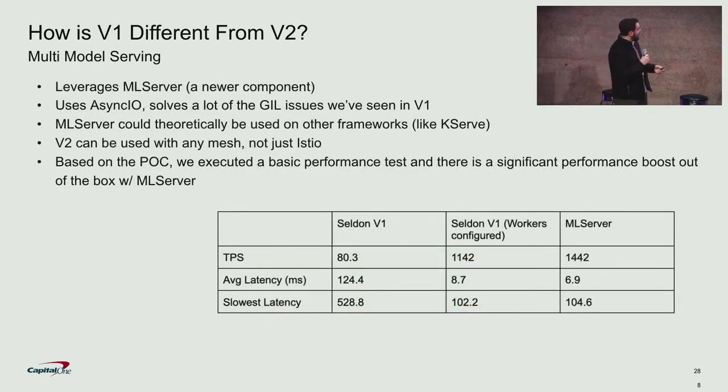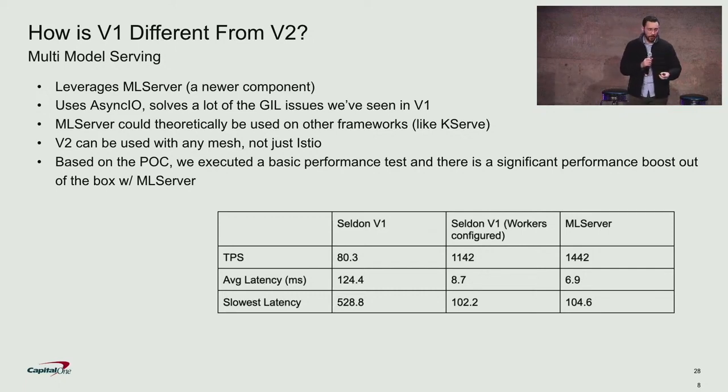So multi-model serving, like I said earlier, can help with resource utilization when it comes to expensive and hard to get resources like GPUs. But it also comes with different libraries inside of it.